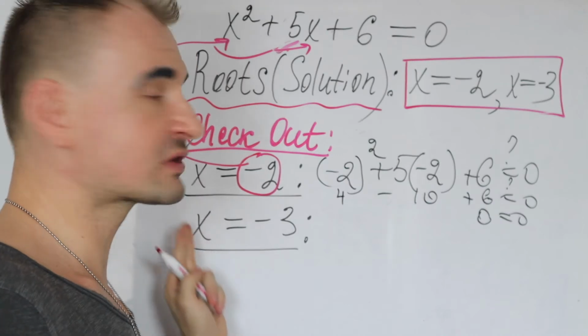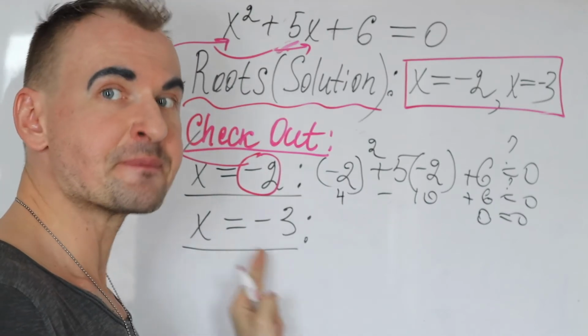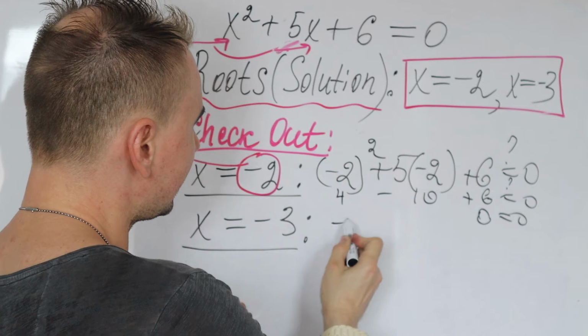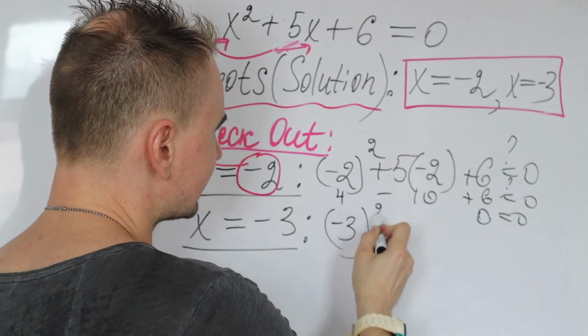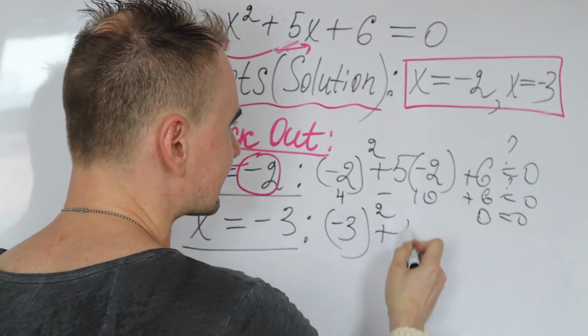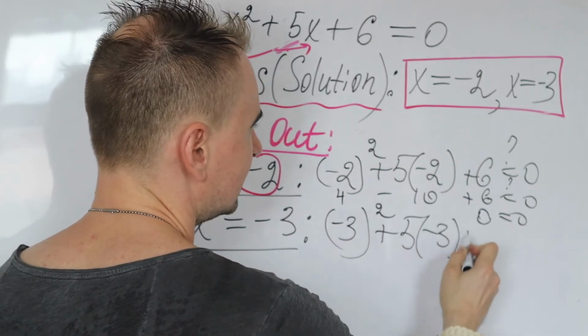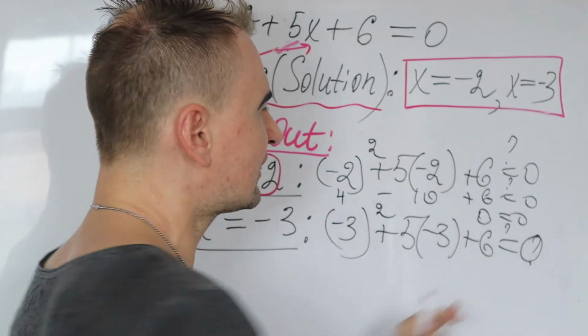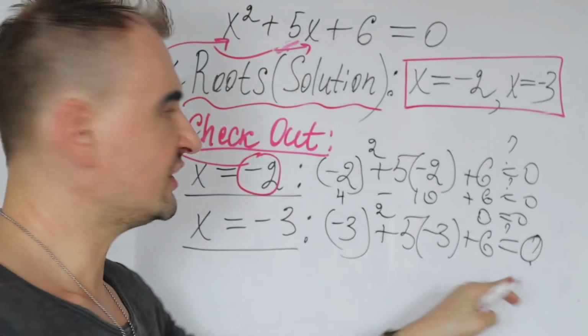Same thing goes for negative 3. Let's check it out. So negative 3 you raise to the second power plus 5 times negative 3 plus 6. And ask yourself, does it equal 0?